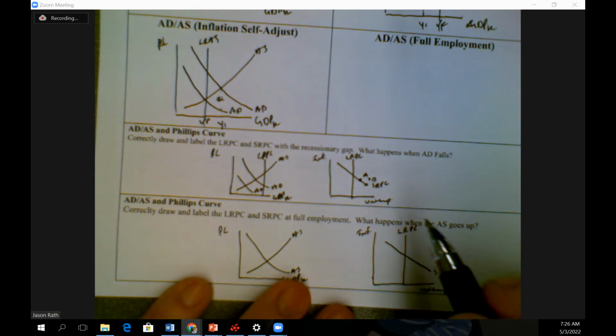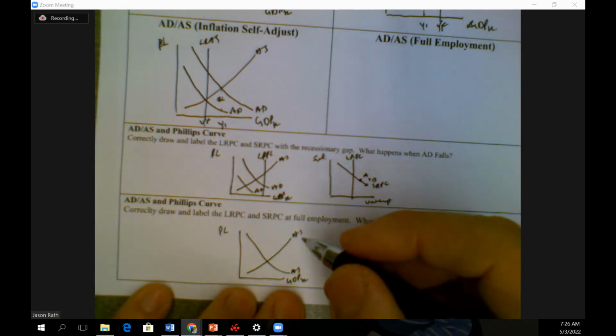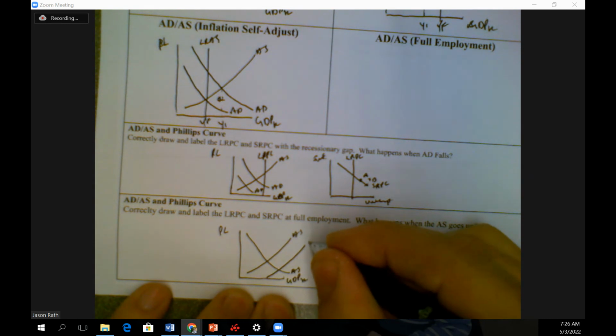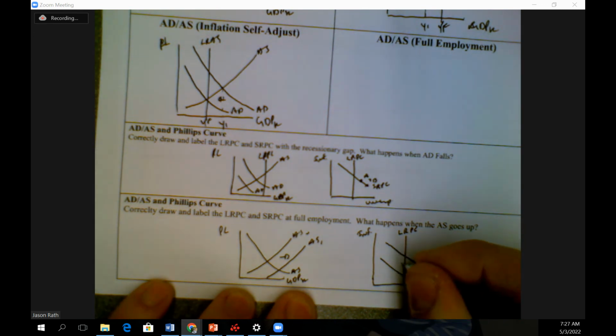Okay, so at full employment, what happens when aggregate supply goes up? So aggregate supply increases. Do you remember? It shifts the curve. Yeah, shift opposite, right? It would shift that way.